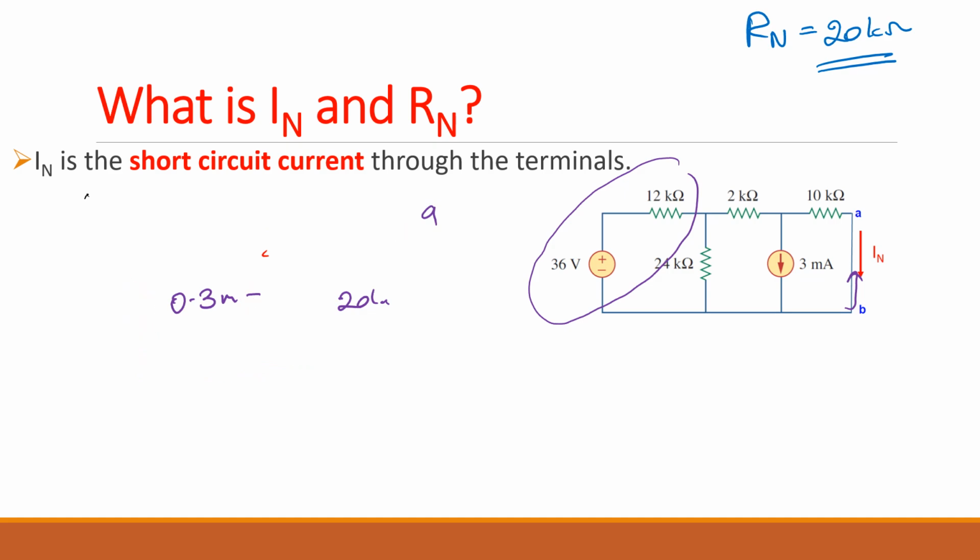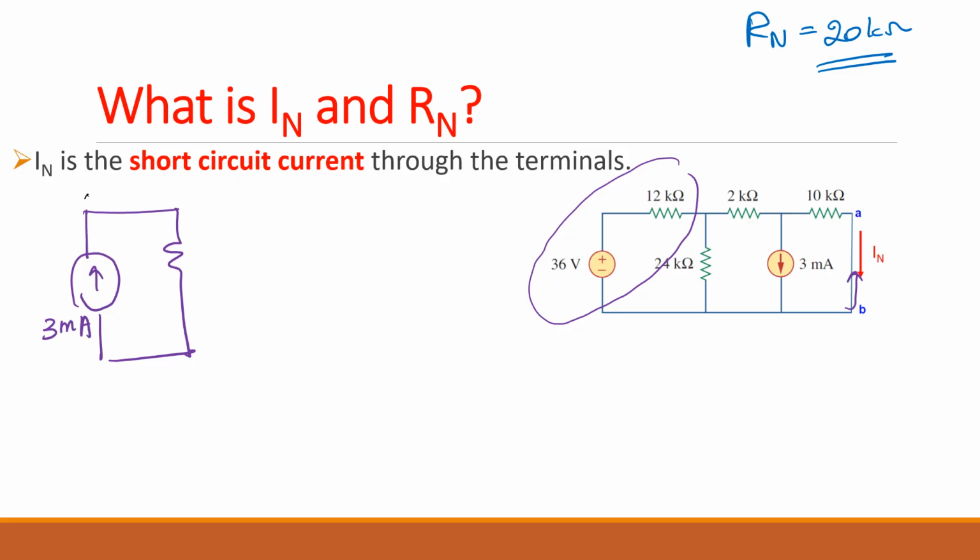Okay, so if I convert the voltage source to a current source, what will happen? Yes, current will become 3 milliamps, and the resistance is 12 kilo ohms. Am I right? And the rest of the circuit will stay the same.